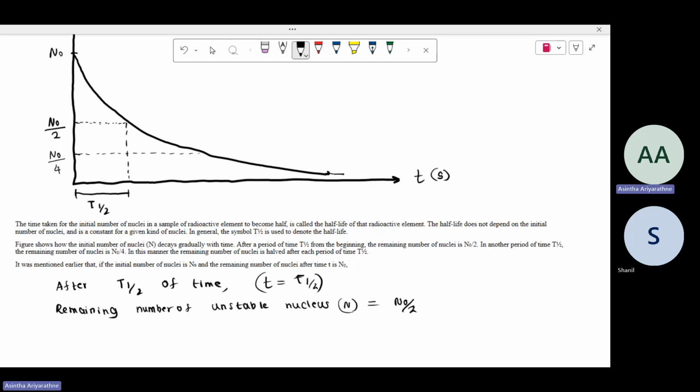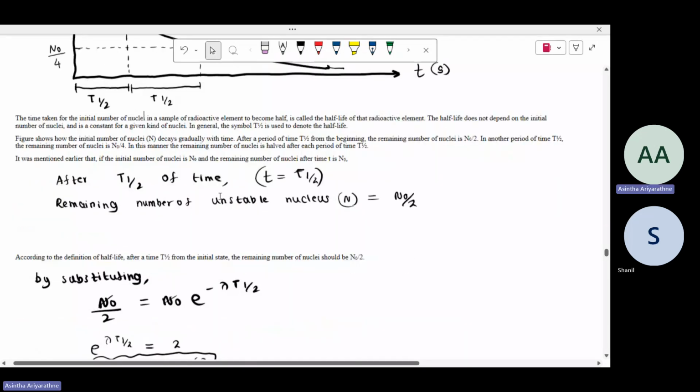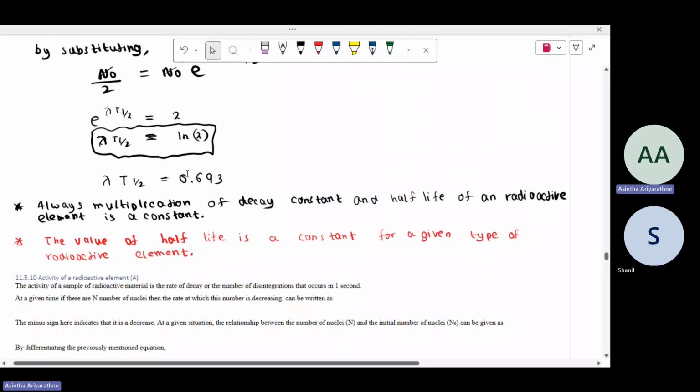The half of N naught over 2 is N naught over 4. Here, the time required for this transformation is also equal to the half time. Then if you consider N naught over 8 also, the time duration between N naught over 4 and N naught over 8, which is the half of N naught over 4, would again be the half-life. Right, so it is very important. This half-life can be found using this expression: lambda into t half is equal to ln 2. ln 2 is a constant, 0.693.